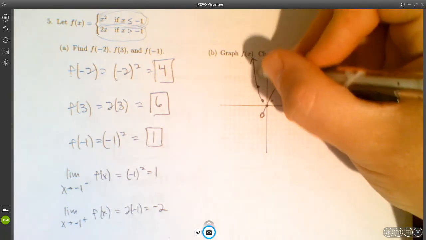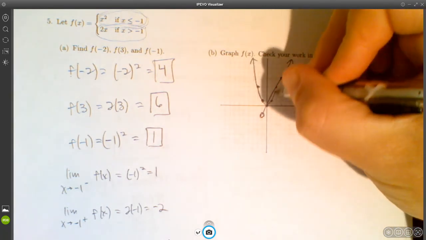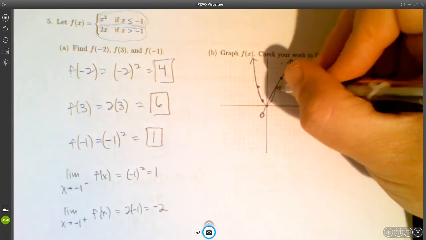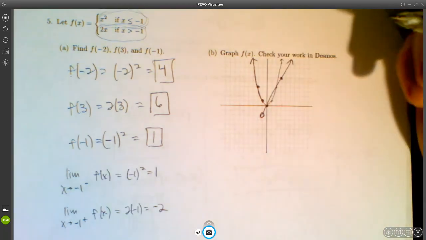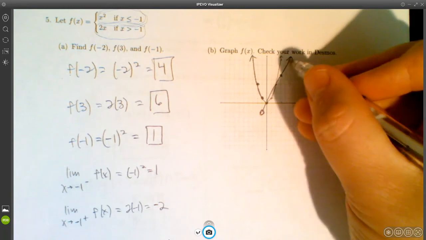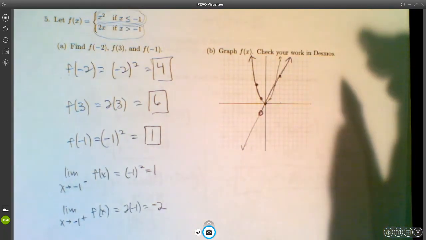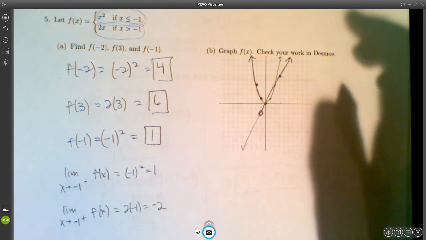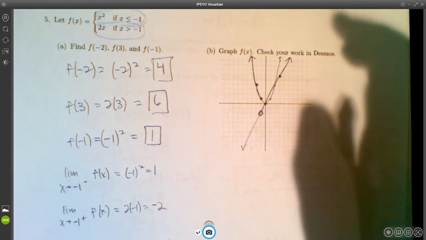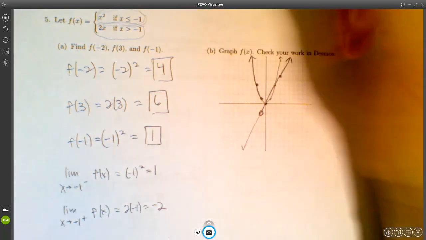So if I were to graph the entire parabola, it would look like this. And if I were to graph the entire line, it would look like this. And so if I wanted to graph the piecewise function, I would just erase the parts that don't correspond to the domain that I'm working with.